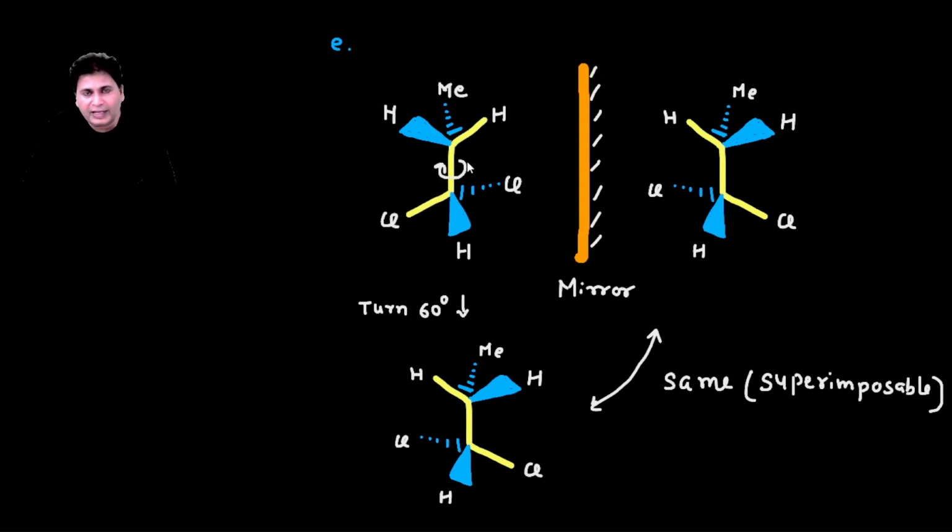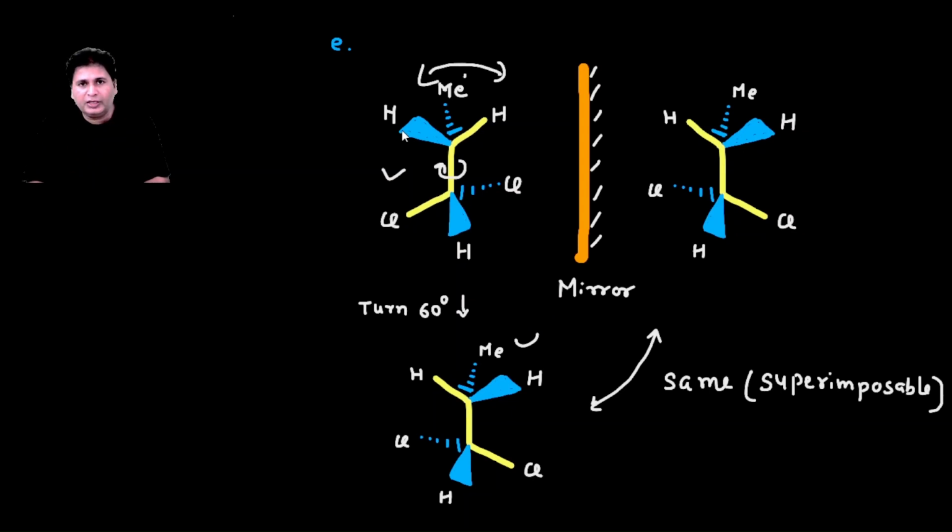How? You just take this and rotate the whole molecule like this. As you rotate it by 60 degrees, this methyl, as you have rotated it from here, will go here. Earlier it was going like this, now it will go like this, so methyl will come here.